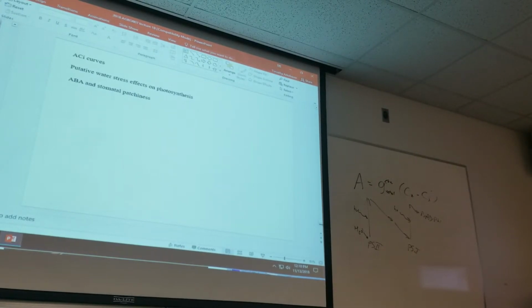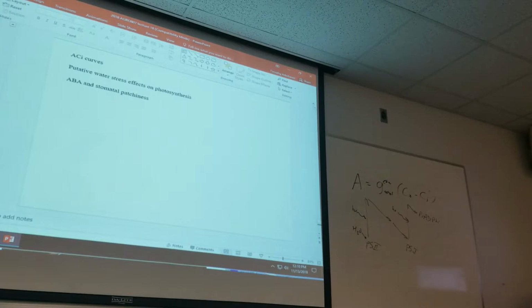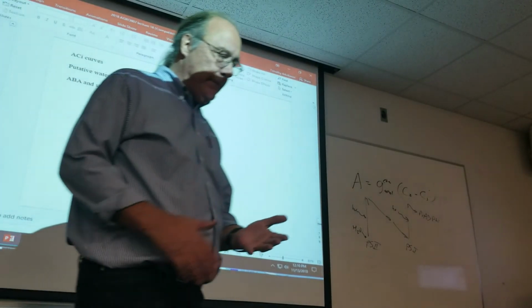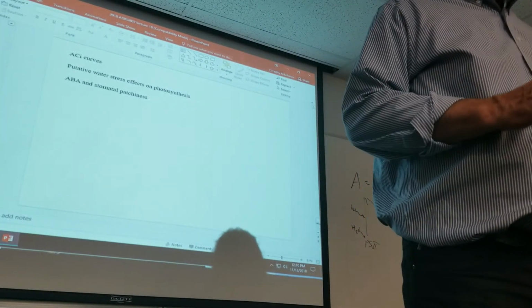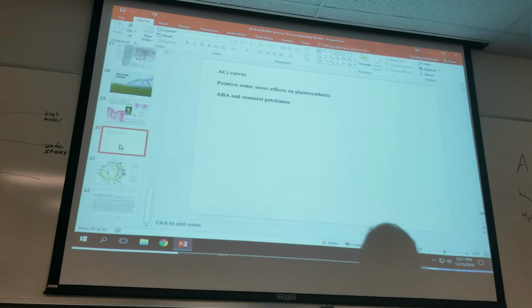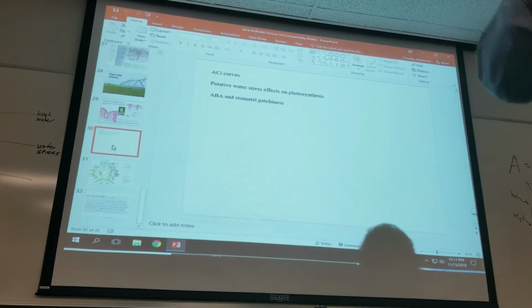But in reality, it's not real. It's your calculation. And it took several years, well, a decade, before this was fully appreciated. So now the consensus is that water stress affects photosynthesis by closing stomata, and not through any direct effect on the photosynthetic process itself.